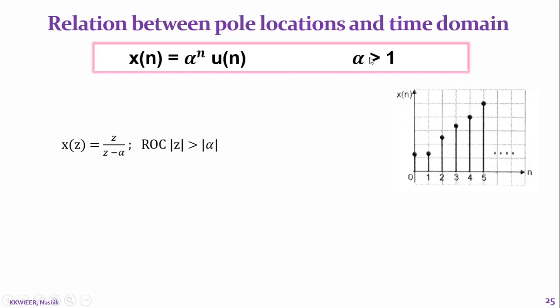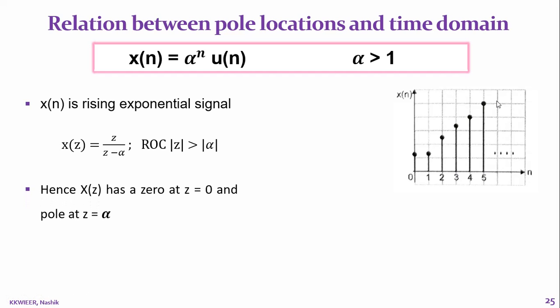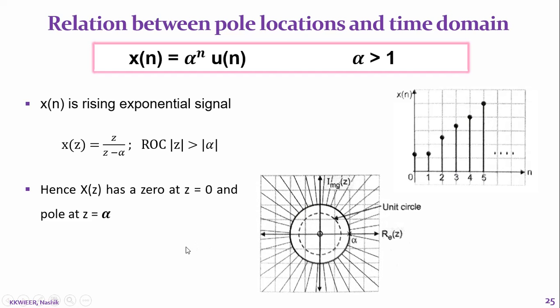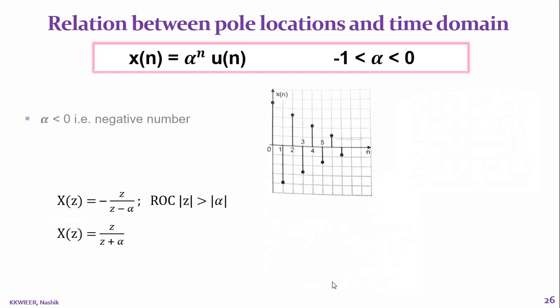In the third case, alpha is greater than 1. Now this is a rising exponential signal. Again, by equating the numerator and denominator to 0, you will get a zero at z equal to 0 and a pole at z equal to alpha. So this is the ROC. In the fourth case, alpha lies between minus 1 and 0.